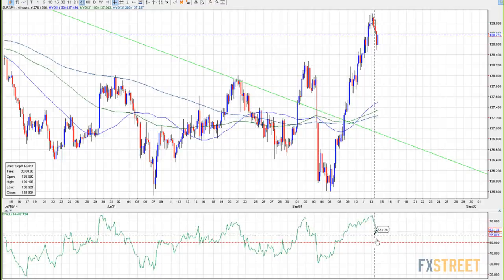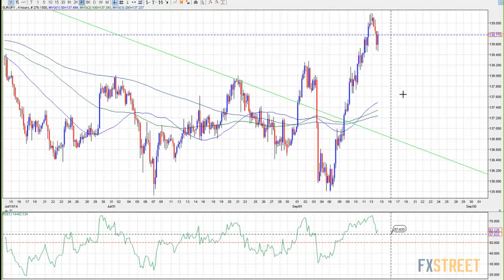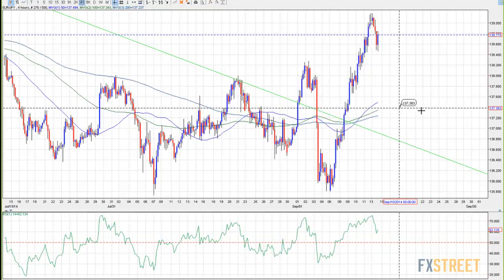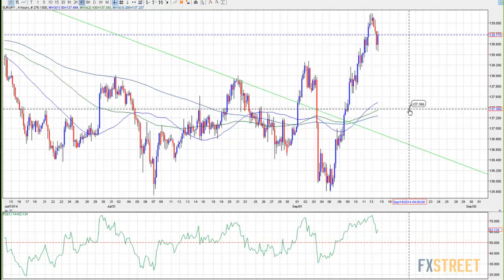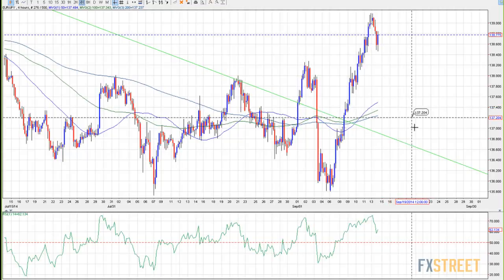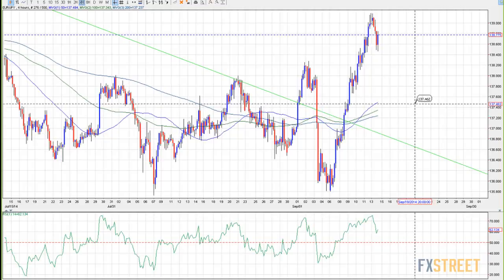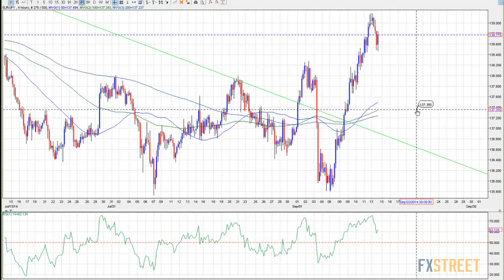But let's say the RSI holds above 40, around 40. Price comes down and starts to consolidate around 137.40. Let's say we put in a buy around 137.40 and a stop loss below 137, let's say 136.80. So that would be about 60 pips risk, maybe a little more if we get in a little higher.